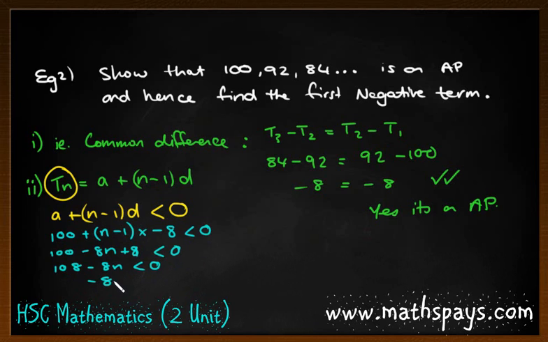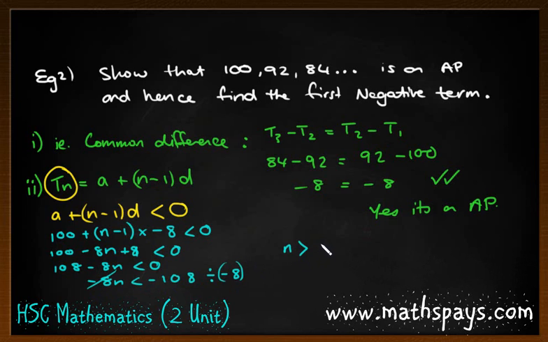I can take the 108 to the right hand side, and then I'm going to divide by the negative 8, remembering though that we have an inequality, which means that when I divide or multiply by a negative, the sign will flip.